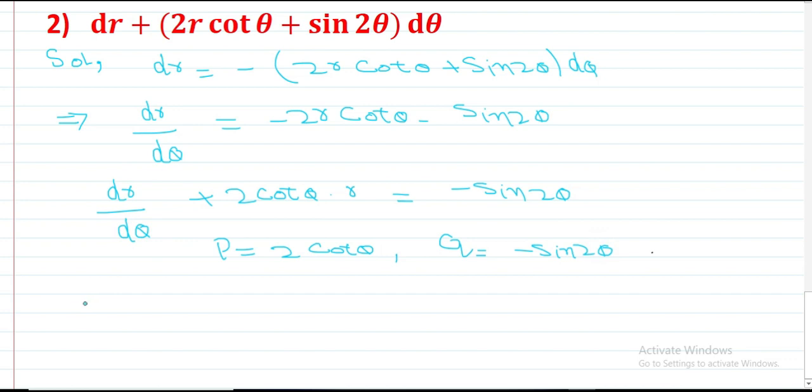Now the solution of such equation is given as r into integrating factor equal to integral of q into integrating factor d theta plus c, right?